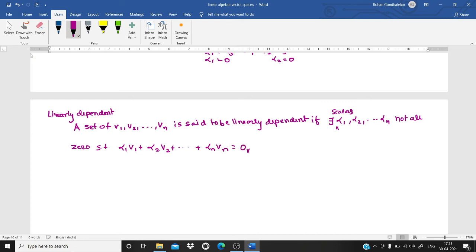See, for non-zero coefficients, if the linear combination becomes 0, it means the set is linearly dependent. So you can go with some different examples.